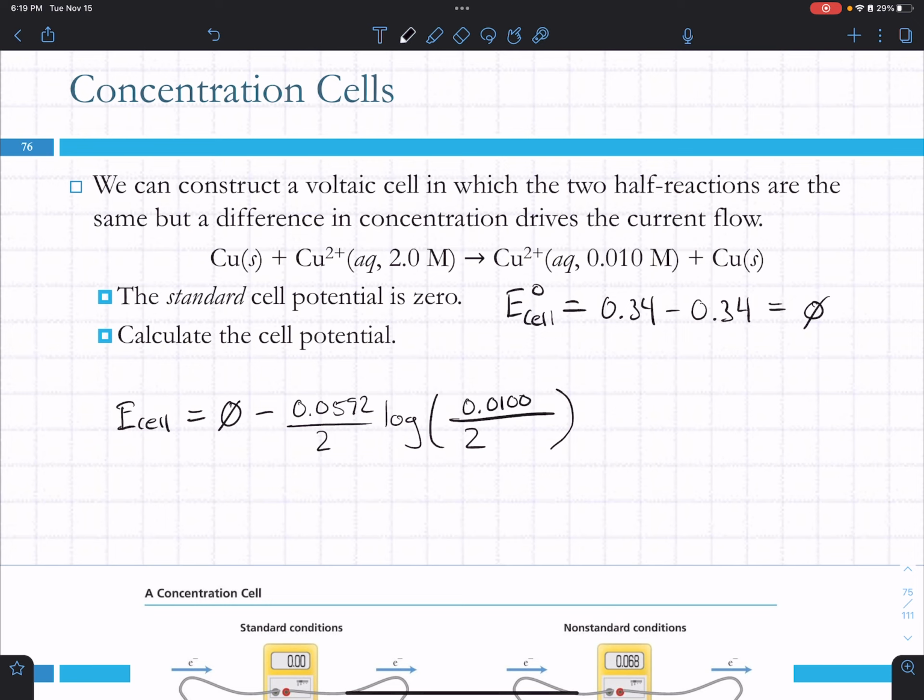So is Q going to be larger or smaller than 1? More or less than 1, maybe is what I should say. If I take 0.01 and divide it by 2, it's just going to make it smaller. So the log of that.